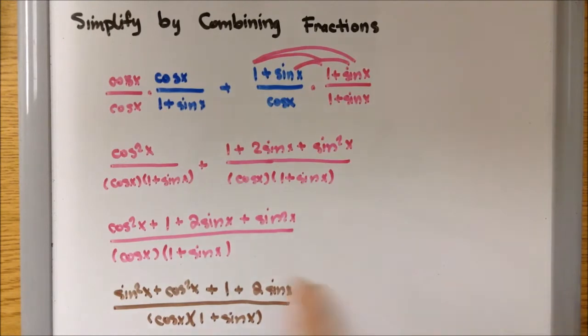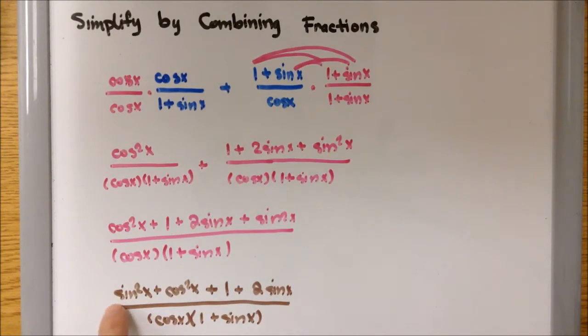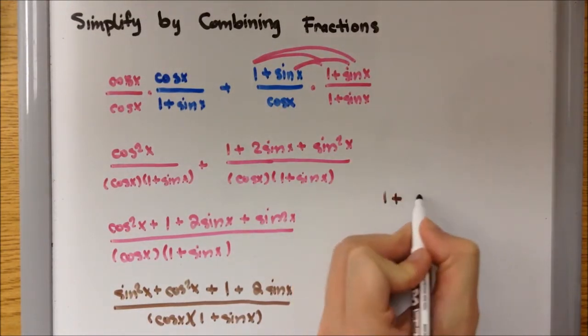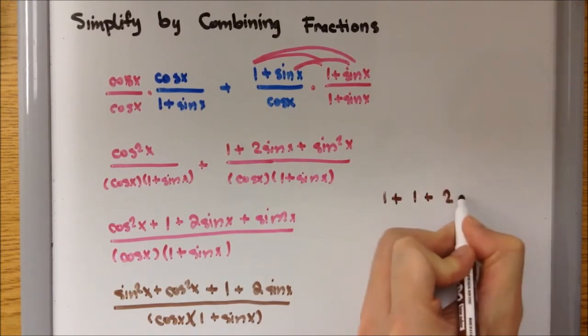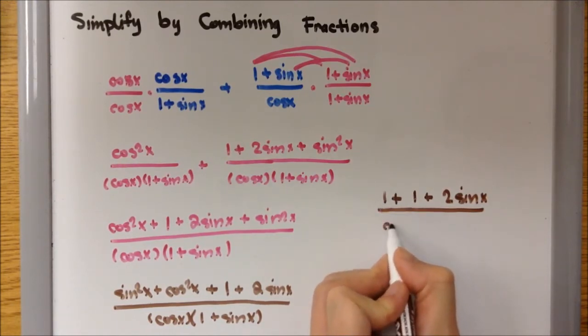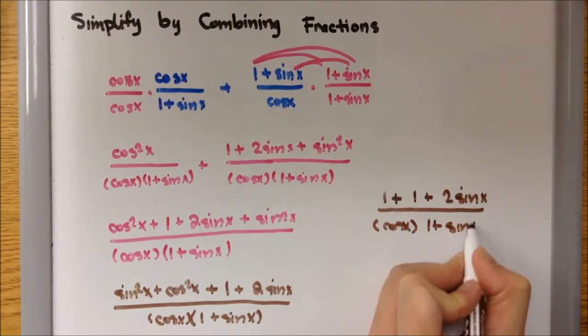Alright, now the reason I rearranged cosine squared x and sine squared x is because sine squared x plus cosine squared x comes from the Pythagorean identity. So if we use the identity, sine squared x plus cosine squared x will become 1. So I'm going to write right here 1 plus 1 plus 2 sine x over cosine x times 1 plus sine x.